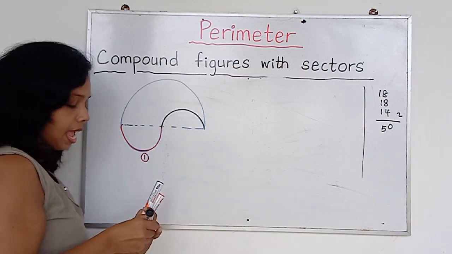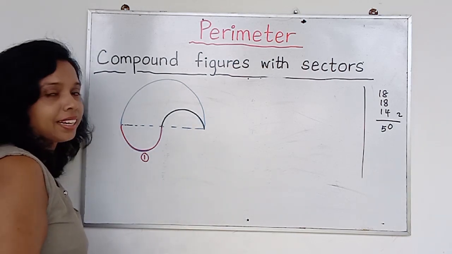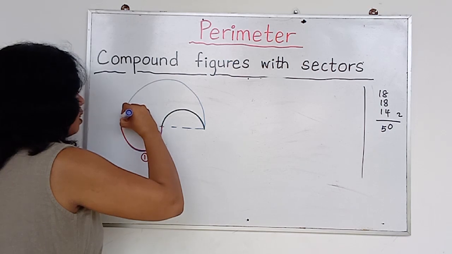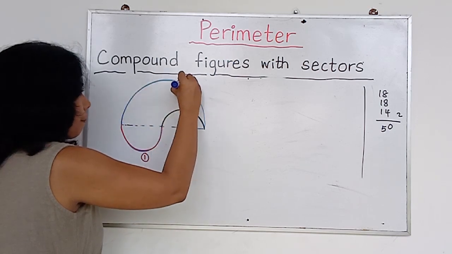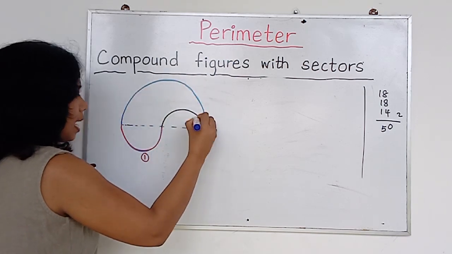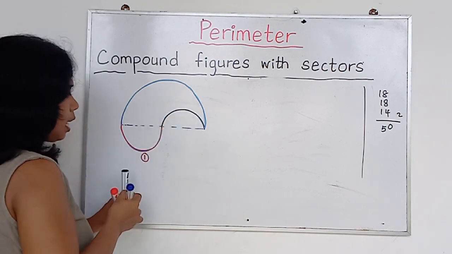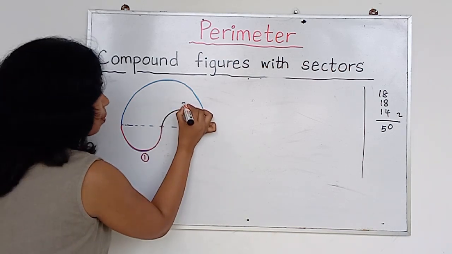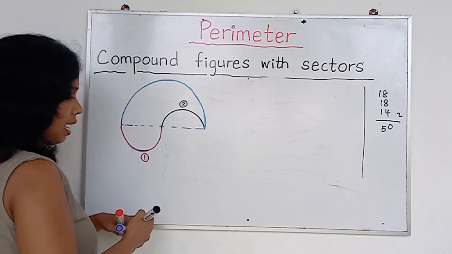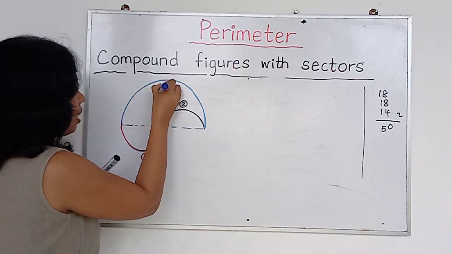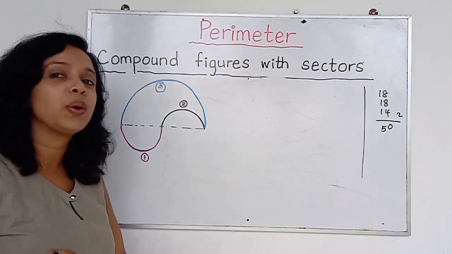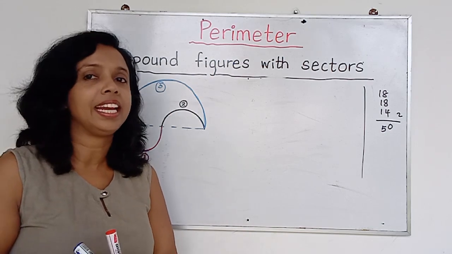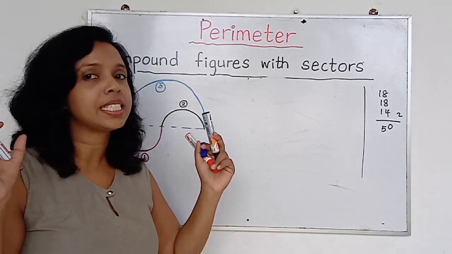And what is the third half circle you can find? Look at this. Now can you understand? So this is number 2, right? And this is number 3. Now you have 3 half circles to find the perimeter of this compound figure.